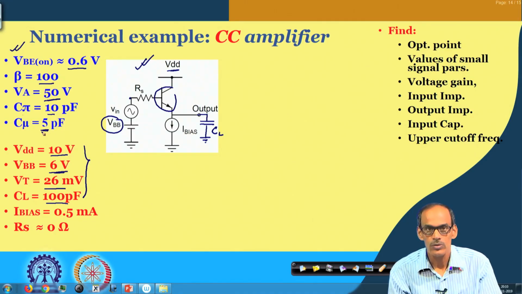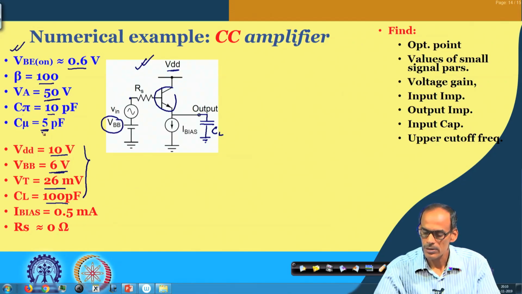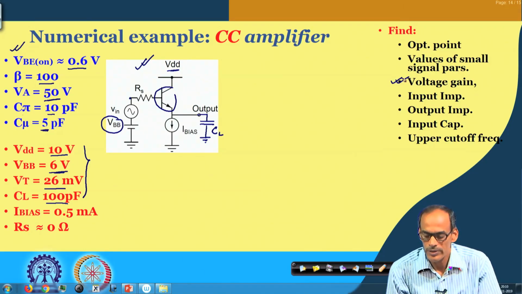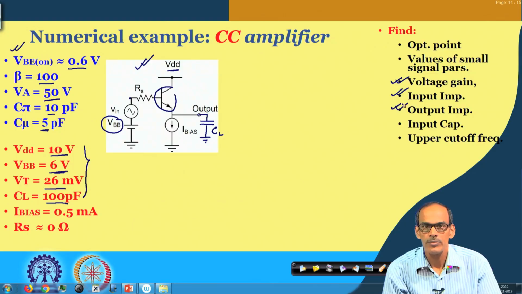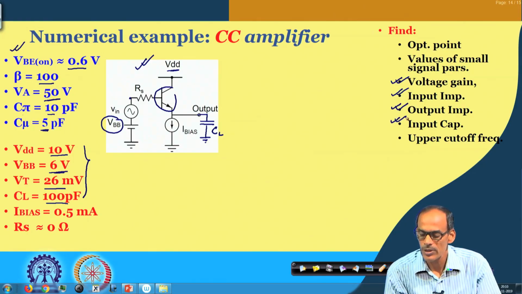Now, as we have discussed earlier, the important parameters are the voltage gain, and we expect the attenuation to be as small as possible. So, the voltage gain should be close to 1, input impedance should be as high as possible, output impedance as small as possible, and input capacitance also as small as possible.